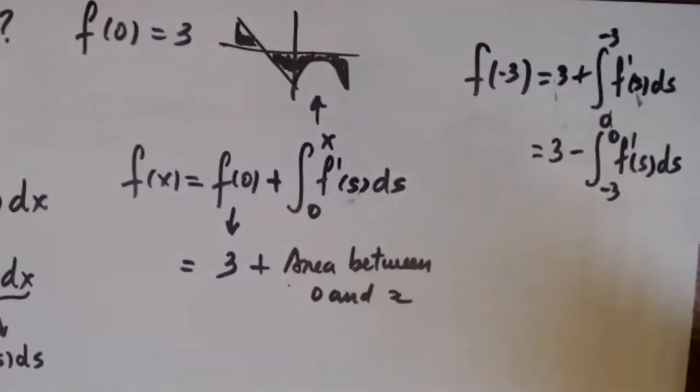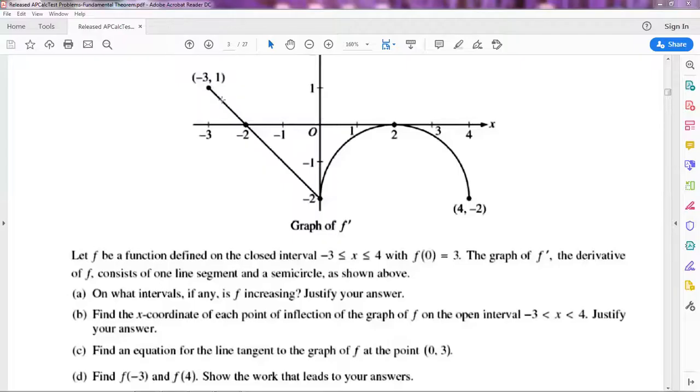Correct? Now, this area, let's go to the problem. How much is the area of this triangle? This triangle at the top, right here. 1/2, 0.5. How much is the area of this triangle right here? 2. 2 times 2 divided by 2, that's a 2. So this is positive and this is negative, correct?